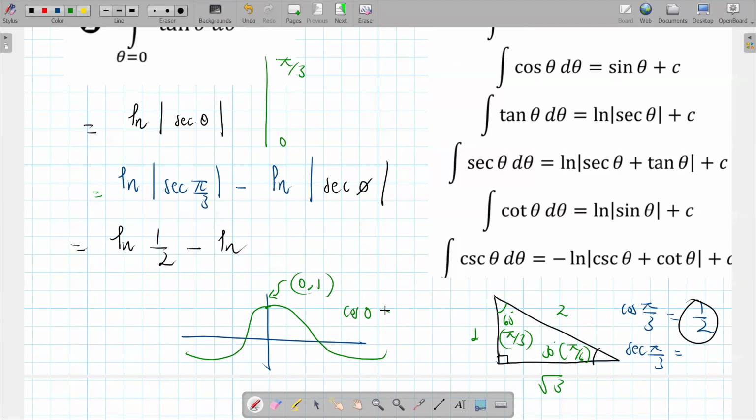So what is cosine of 0? This is the cosine curve. What's the y value when the x value is 0? It's 1. So if cosine of 0 is 1, remember secant is just cosine flipped upside down. What's sec? So you get ln of 1.